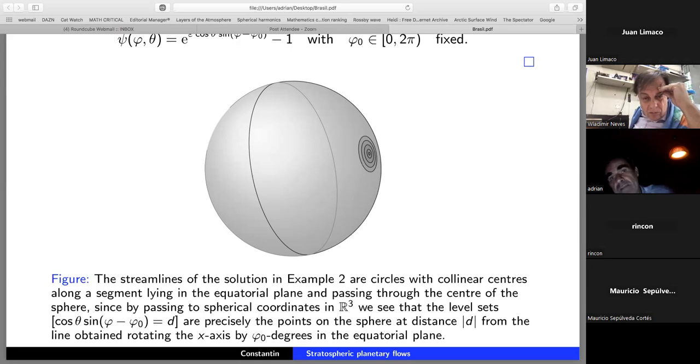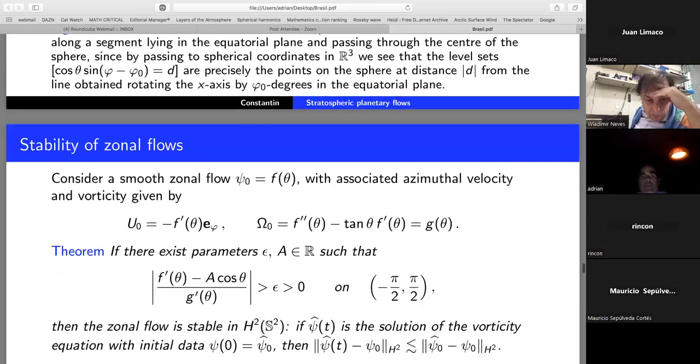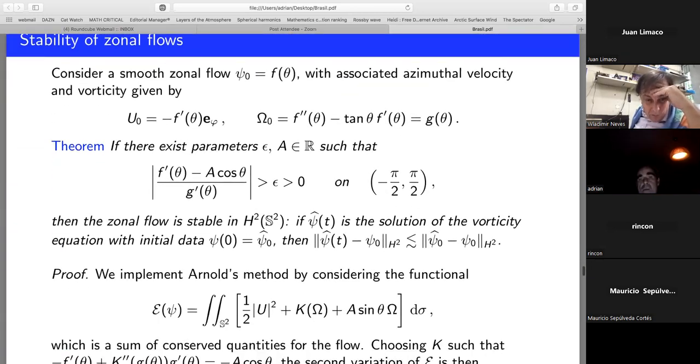You fix a point, and then everything rotates around that point at a speed specified by this. Right, so now we have very few explicit solutions: zonal flows, and these Rossby-Haurwitz waves, and then some special ones that I just showed. I believe that this category can be extended.